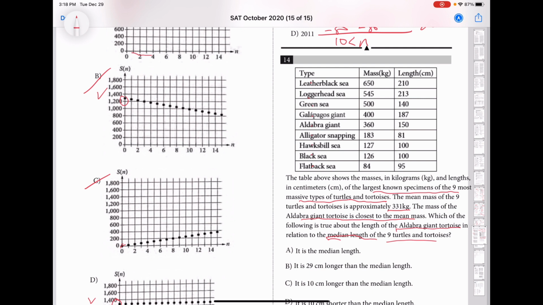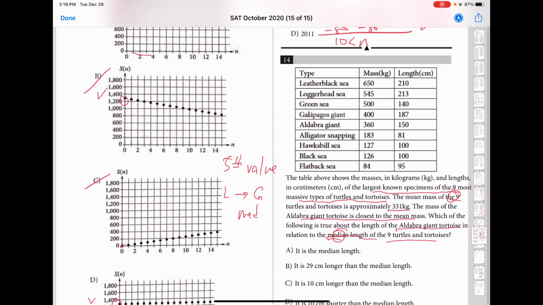Okay, so we're trying to compare the medians right now. There's a total of 9 different turtles and tortoises, so the fifth value from least to greatest is going to be the median value in this set of data of 9 animals. Let's go from the smallest one.